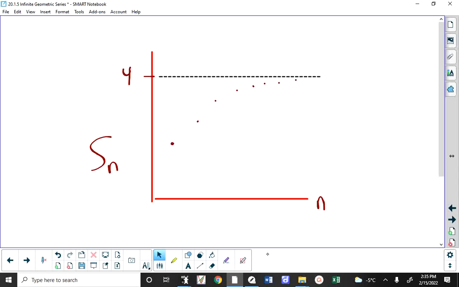I'm always going to be adding half of the remaining distance to get to that 4. So no matter how close I get to 4, I will never get there. Which is a really strange thing. You can add an infinite number of numbers, but it never reaches 4. No matter how many numbers you add, you'll never get to 4.